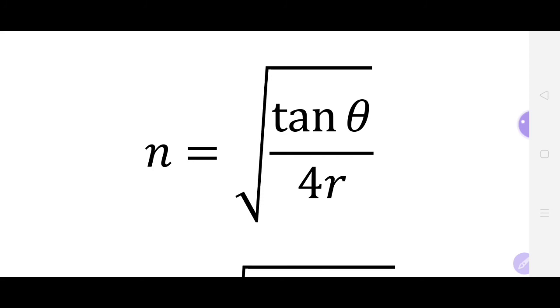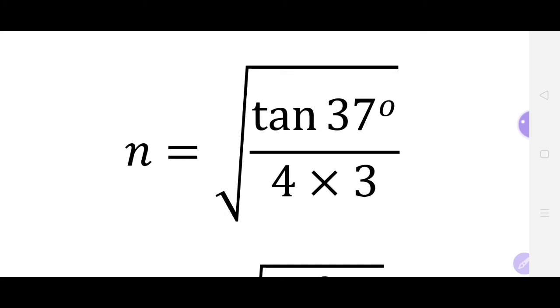Now putting the value of theta, that is 37 degree, and initially I had informed you that tan of 37 is 3 by 4. Okay, so keep in mind this is a very special number. 37 degree is a very special angle. For it, the value of tan 37 is 3 by 4. So we can put it now. n is equal to square root of tan 37 degree divided by 4 into 3.